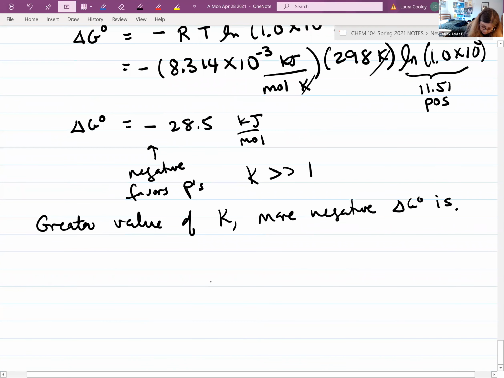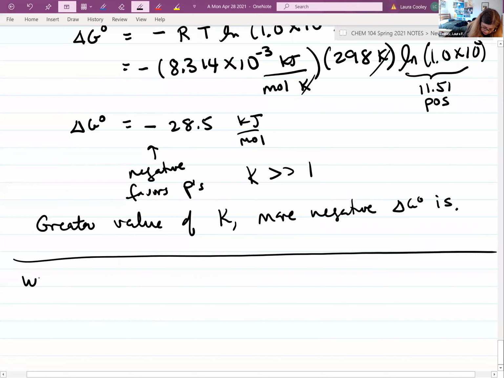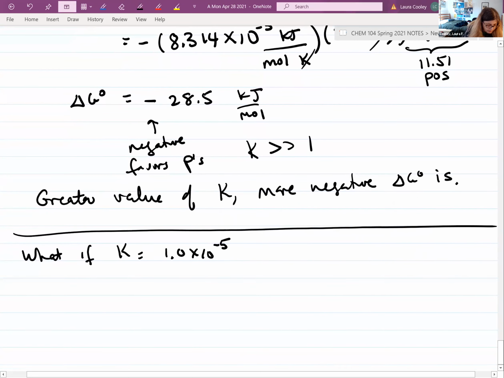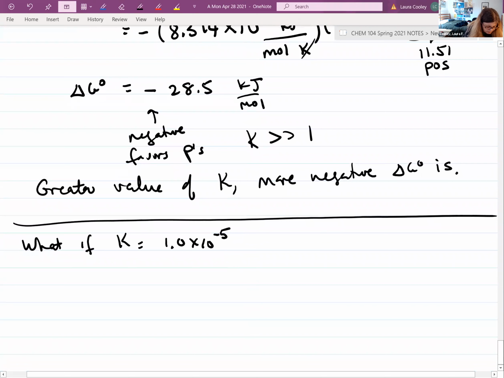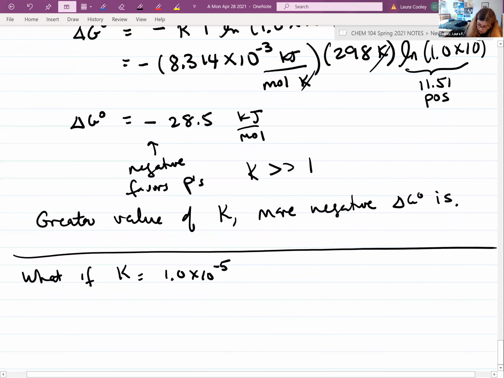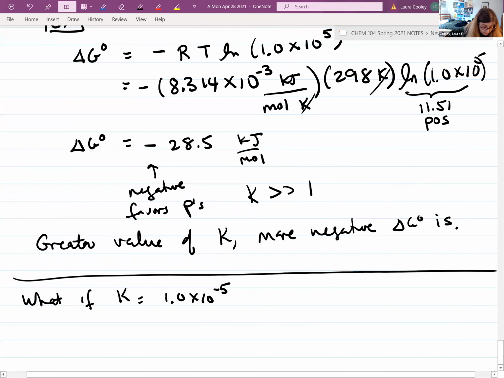All right. So here's another example. What if K is 1 times 10 to the negative 5th? So the only difference would be that this would be negative 11.51.